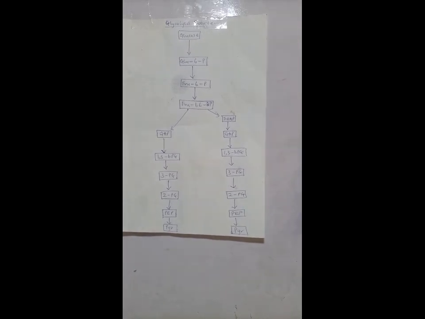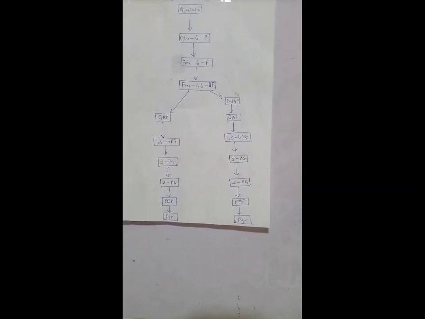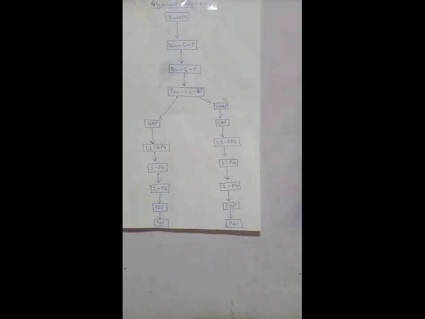Now, on this diagram, you could see the glycolysis overview is starting with the substrate glucose. So glucose undergoes 10 stepwise reactions from glucose to pyruvate.